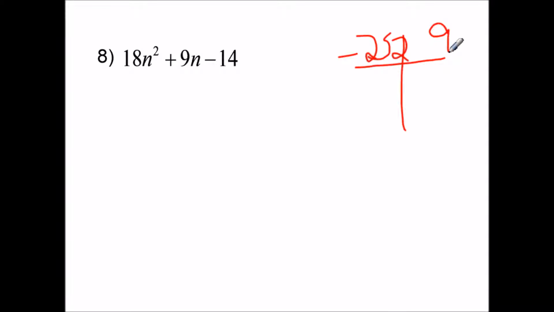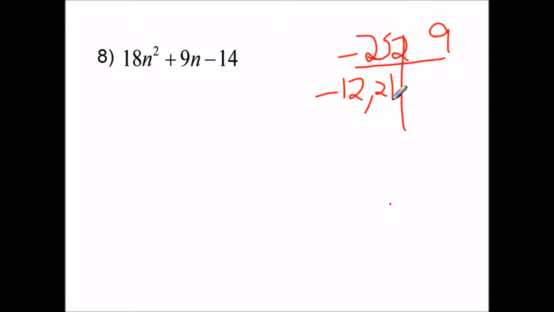I worked at this for quite a while already. I've got them, though. It's negative 12 and 21. It might have been helpful for you to see all the struggle it took me to get there, but for the sake of making the video a little shorter, I came right up with the magic numbers. If you have to try a bunch of stuff, give yourself the time and patience that you need to find the magic numbers.